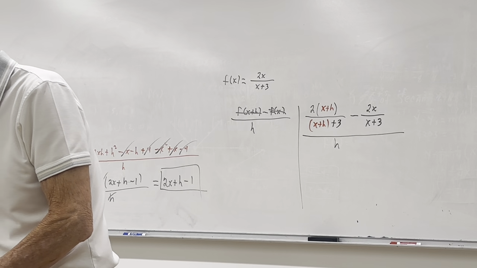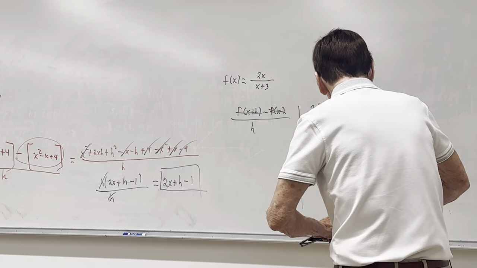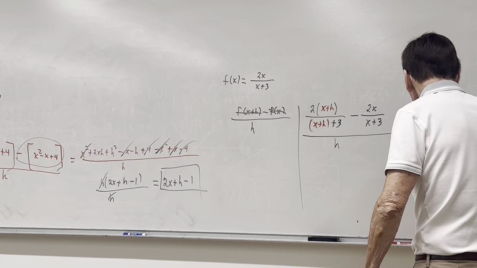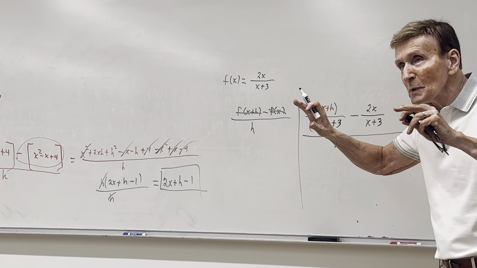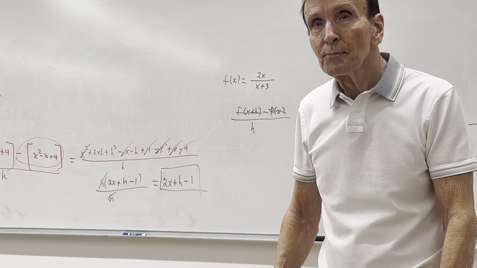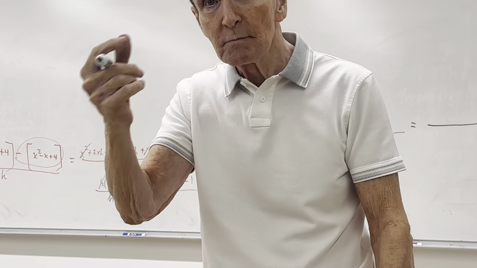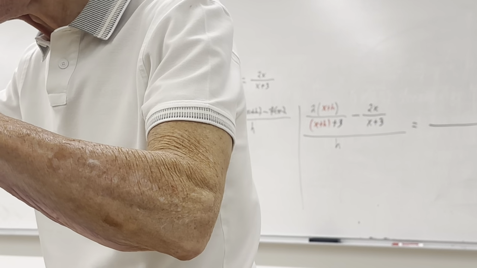I'm not gonna do it for you. I will do this and we'll stop, because you guys are wiped out. Can anyone tell me, on top there, just the top, what do you think first would be the common denominator for those two fractions? What do you think would serve as a common denominator? And even that part looks strange.